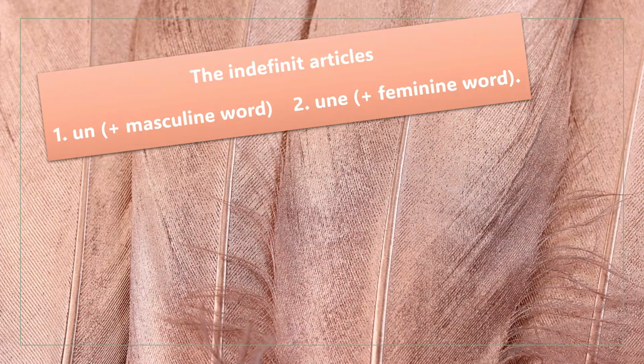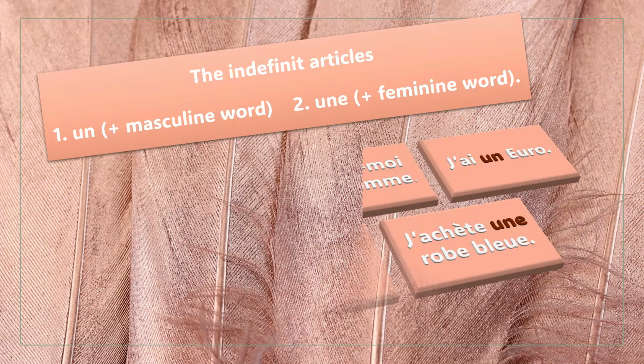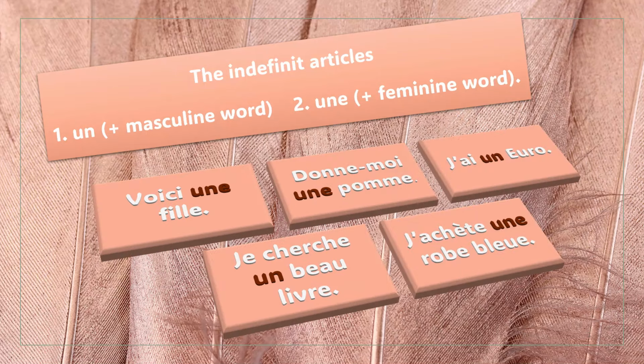Please know that the indefinite article a or an and the cardinal number one have the same translation in French. For example, voici une fille. Here is a girl. Or donne-moi une pomme. Give me an apple. Or j'ai un euro. I have €1.